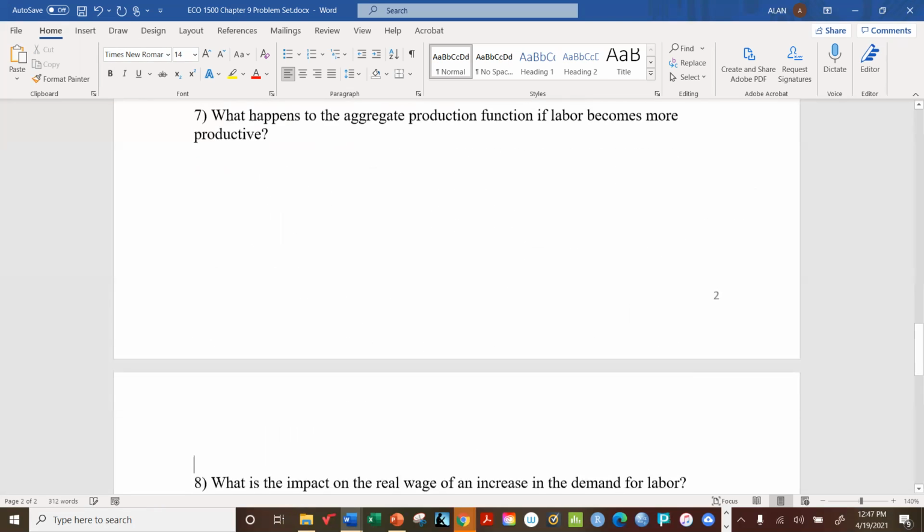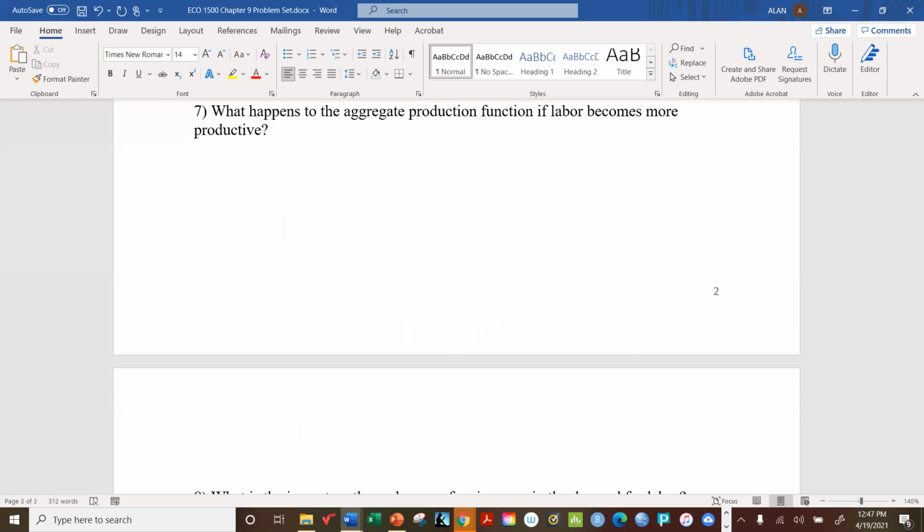Now, the aggregate production function, we didn't really spend that much time looking at this thing. It's basically is meant to represent the output of all goods and services in the economy. The word aggregate is a fancy word for total. Just keep that in mind. Aggregate simply means total. So this is the total output that we're producing.